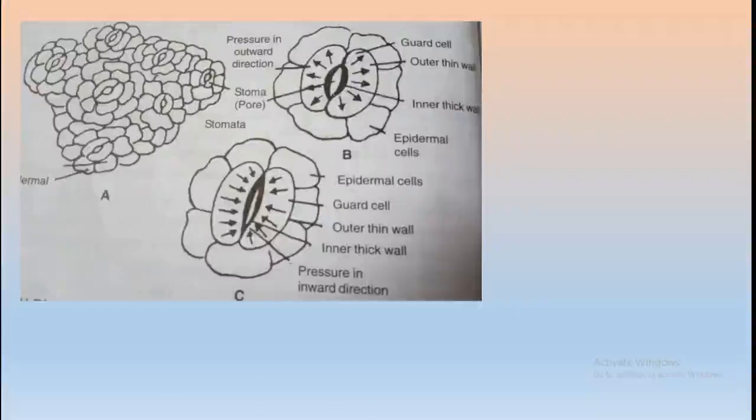When guard cells absorb water, their turgidity increases. The increase in turgidity increases the pressure on the wall, that is, wall pressure increases. This wall pressure acts in the outward direction. Due to increase in the wall pressure in the outward direction, the outer thin wall bends and becomes convex.